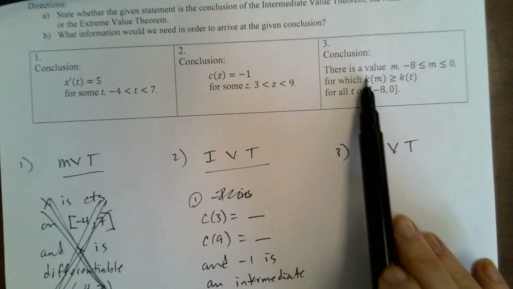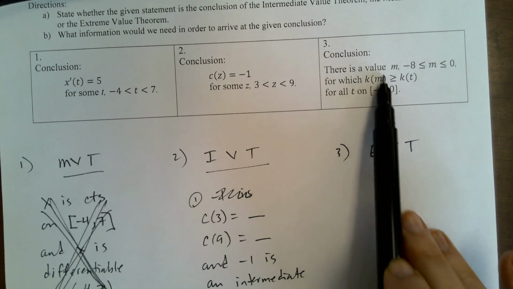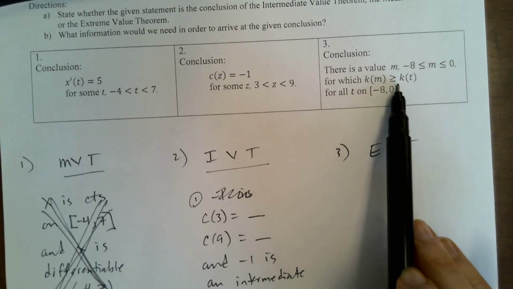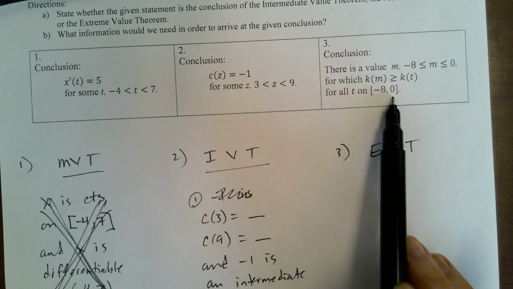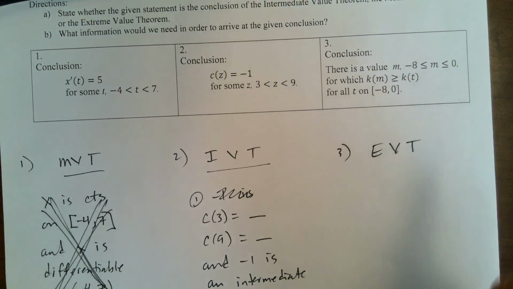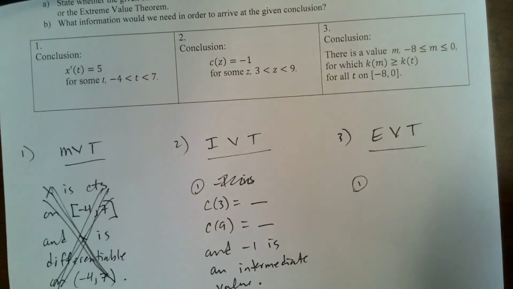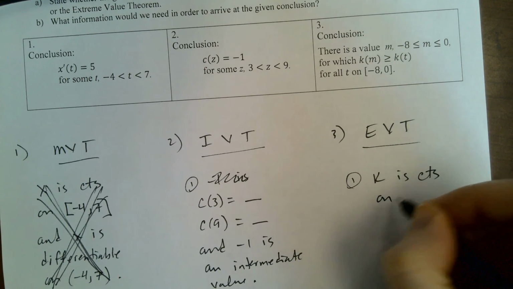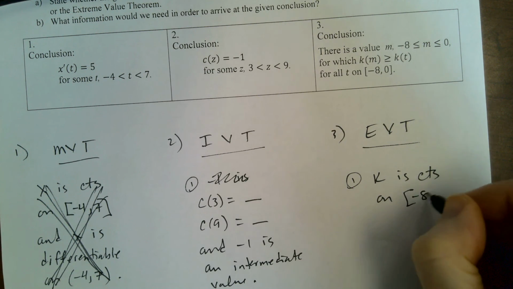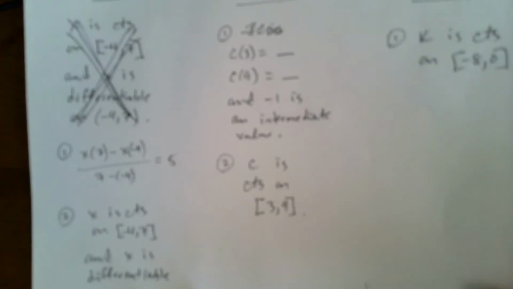This is saying right here that k of m is an absolute max, that k of m, the output at m, is greater than or equal to all the other outputs for inputs on this interval. So that's the extreme value theorem. And guys, all you need for the extreme value theorem is that k is continuous on the closed interval.